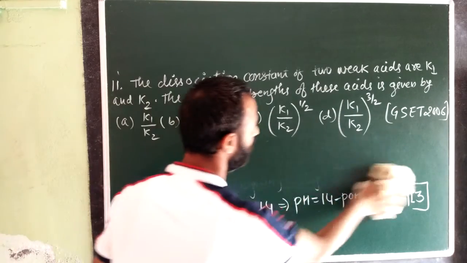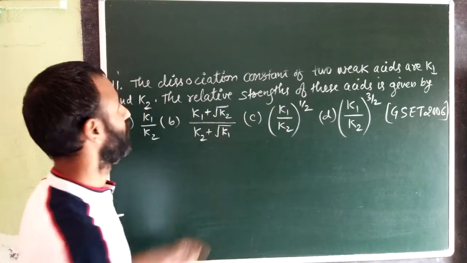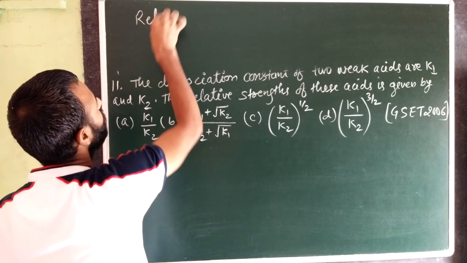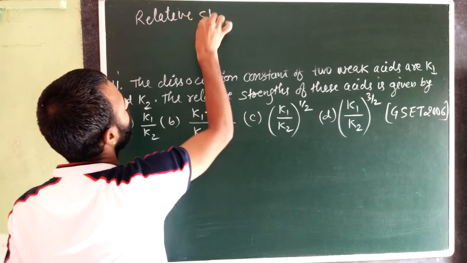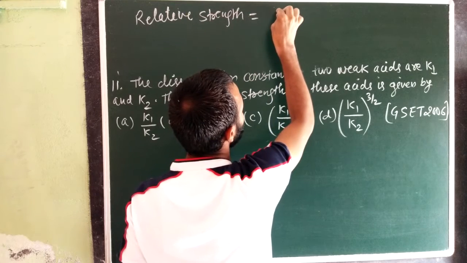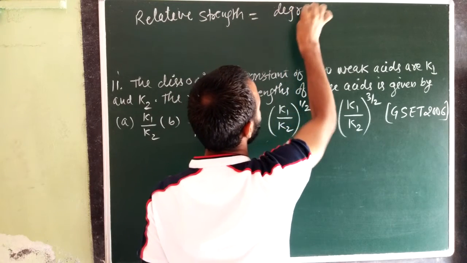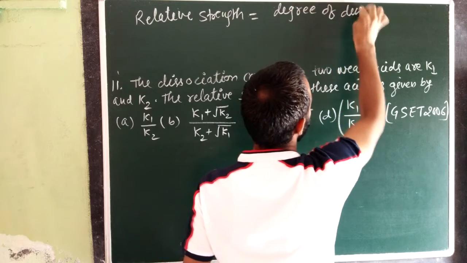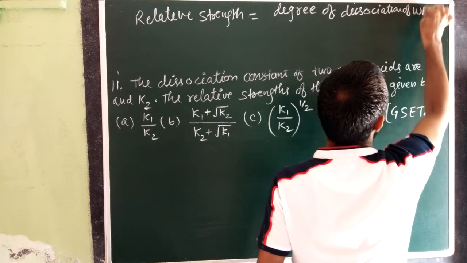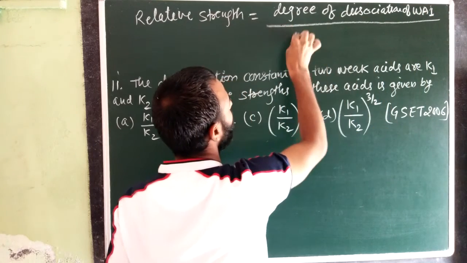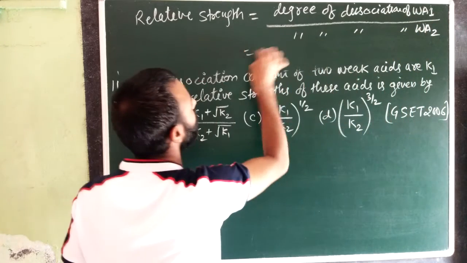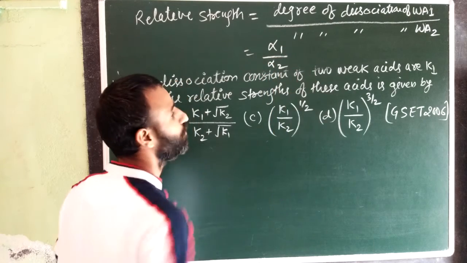As per question 11, we have to compare the relative strengths of these acids. So keep in mind, the relative strength is compared by taking the degree of dissociation, the ratio of degree of dissociation of weak acid 1 divided by degree of dissociation of weak acid 2, means alpha 1 over alpha 2.